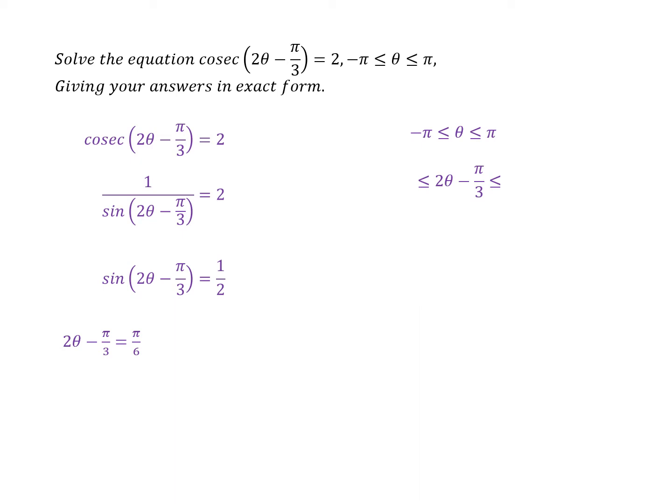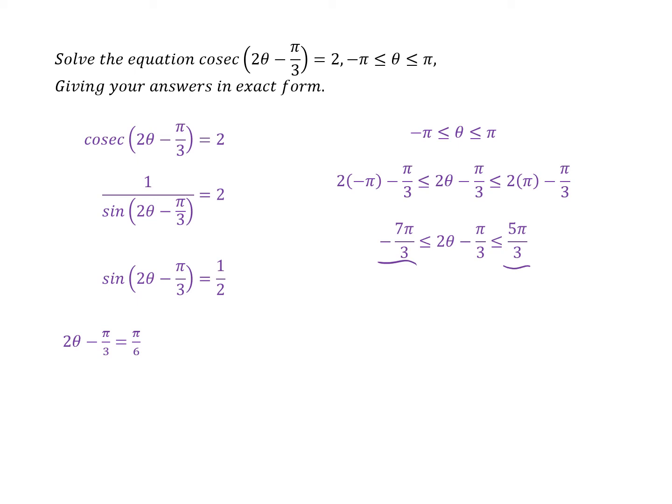Well, the left-hand side is going to be 2 times minus pi, minus pi over 3. And the right-hand side is going to be 2 pi minus pi over 3. So when we evaluate those, we find the limits between which 2 theta minus pi over 3 needs to exist.